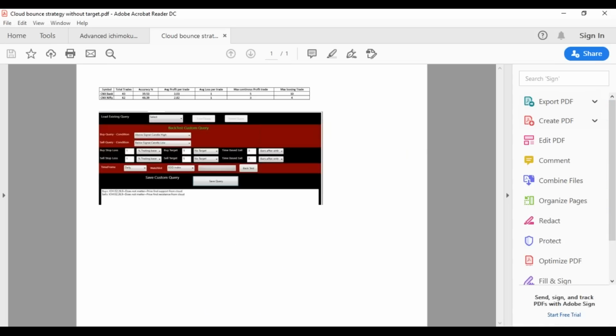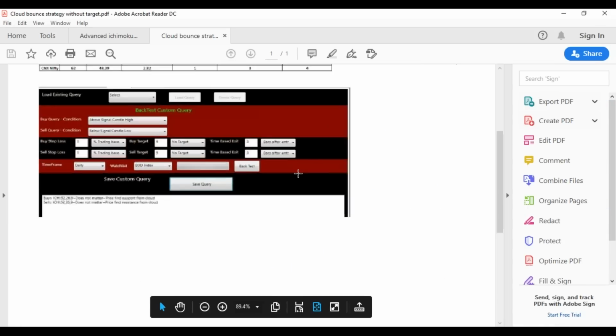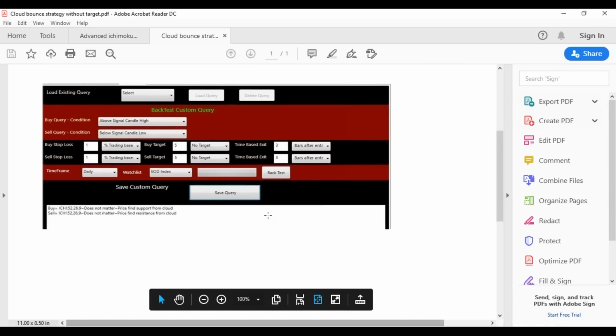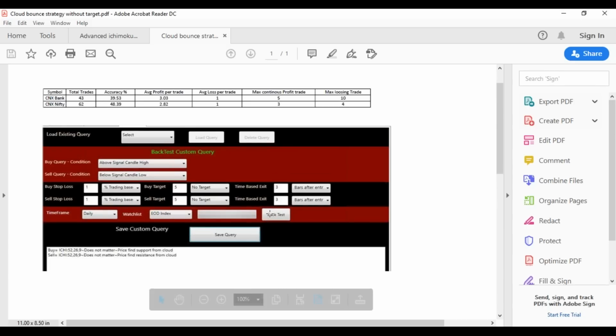This strategy is even simpler. I will buy whenever price crosses the cloud on the 5-minute chart. Whenever a candle closes above the cloud, above that candle's high, I will go long. The reason is in my system I cannot put Chikou and do backtesting, so I need to keep it simple.